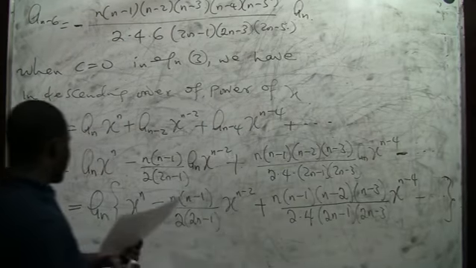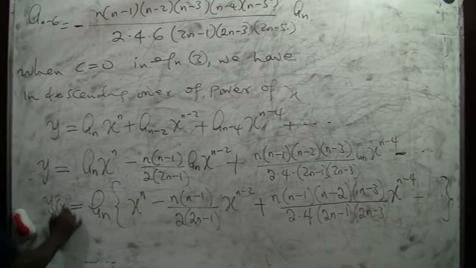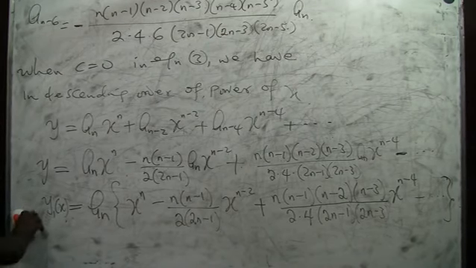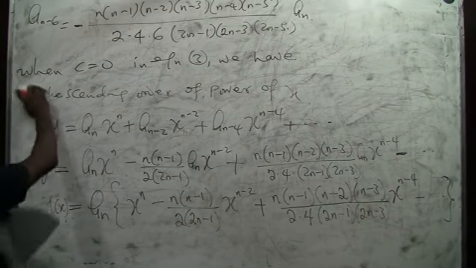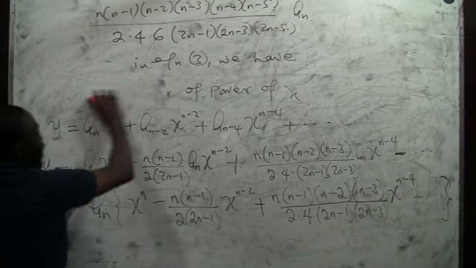And that is what we have as our solution for y1 of x, the first solution. Now you must know that it is customary to pick a value for our A_n, like I told you earlier on.